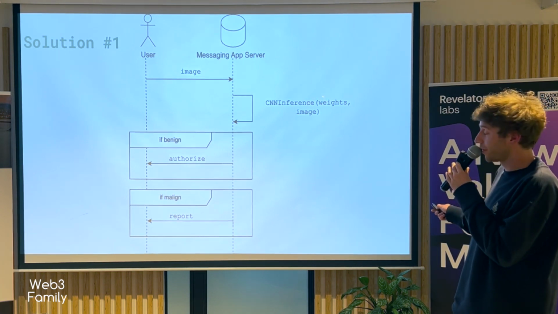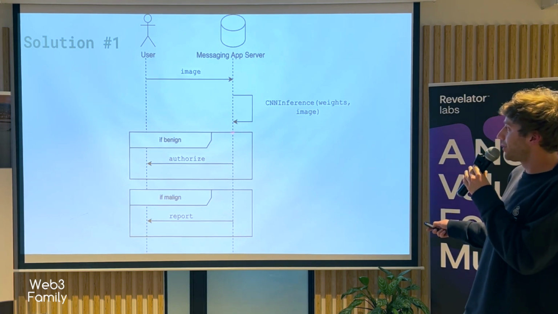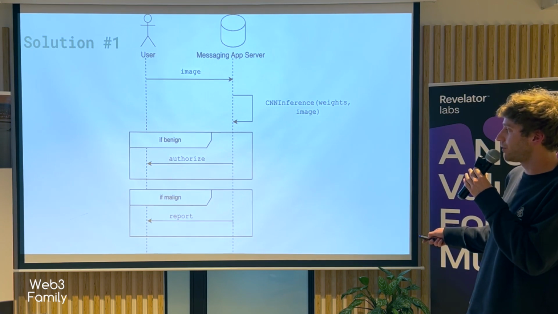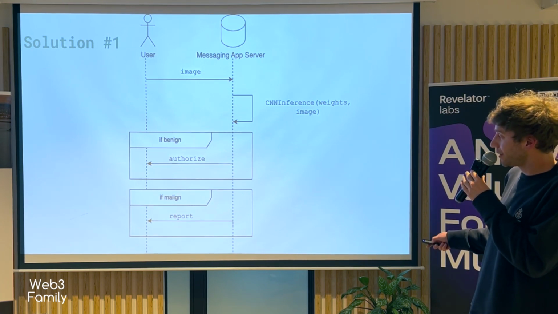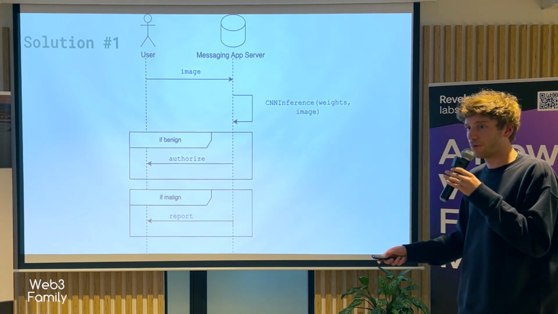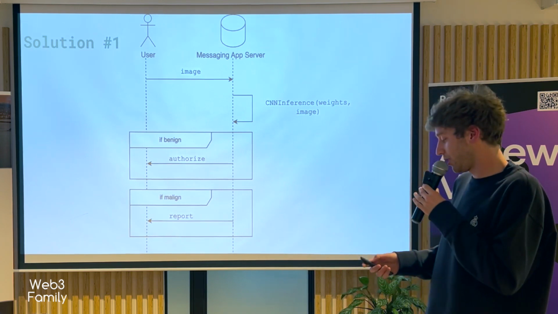So we know the weights and the image. As a result, if the model says that the content is benign, the user will be authorized to share the message. While if the model says that the content is malign, the user is reported or just not allowed to share the message.